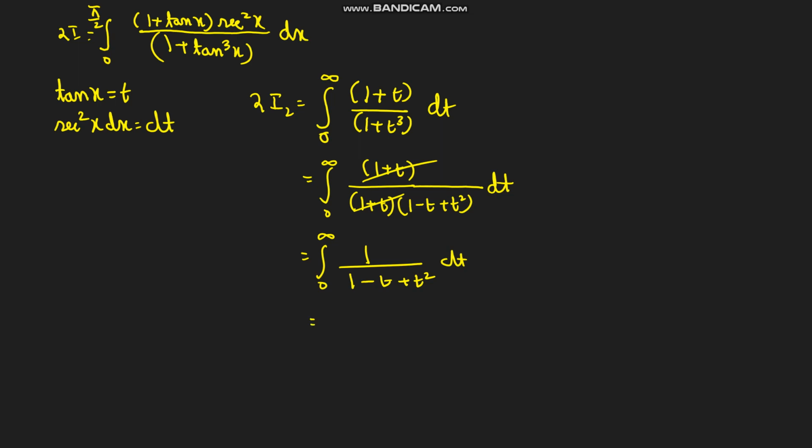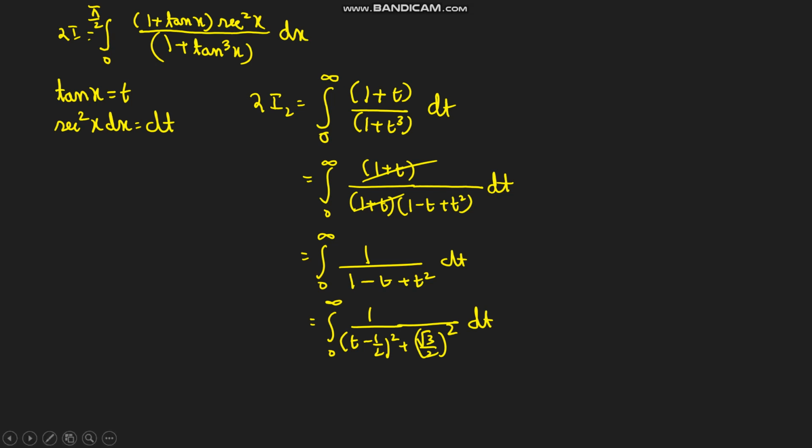So we can say this is the integral from 0 to infinity of 1 by, completing the square here, t minus half whole square plus root 3 by 2 whole square, dt.